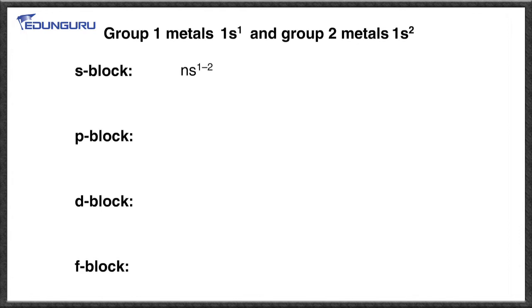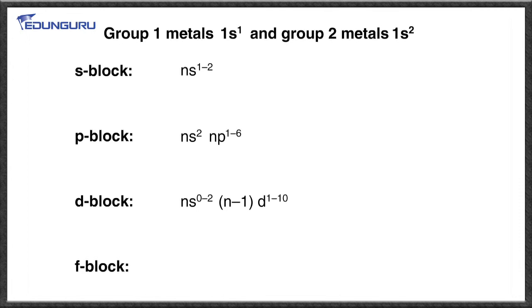If we discuss the p block element, the differentiating electron goes to the p subshell, and the general electronic configuration is ns2 np1 to 6. If we discuss the d block element, the last electron enters into the d subshell, and the general configuration is ns0 to 2, (n minus 1) d1 to 10.